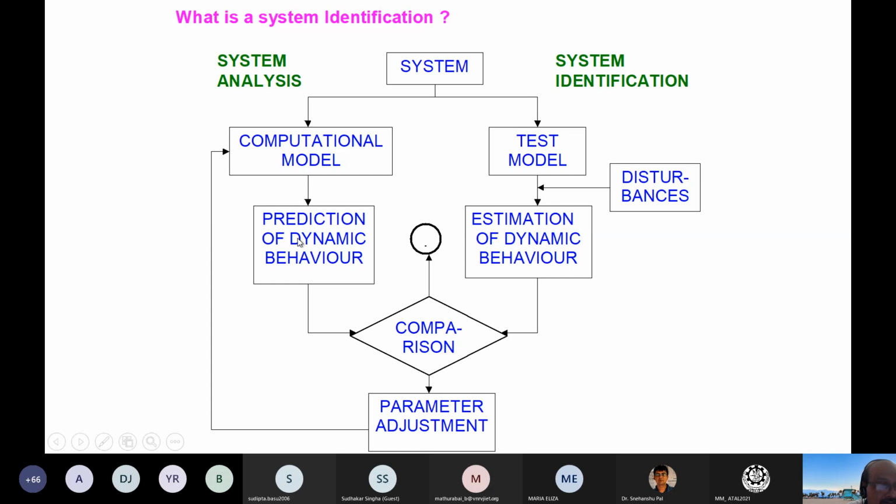So the right side behavior came from the test model and the left side behavior came from the computational model. Now I want to compare these two. If those are matching, that means your computational model is correct. If those are not matching, then the test model I cannot adjust, because whatever experiment you are doing, some uncertainty and fluctuation will be there, but the behavior you get will be the same.